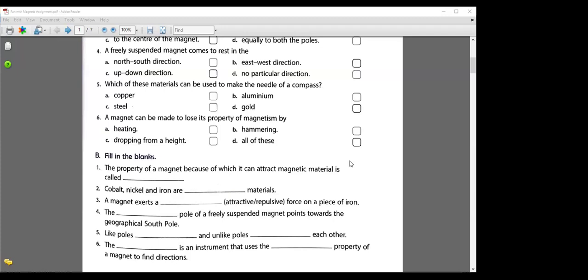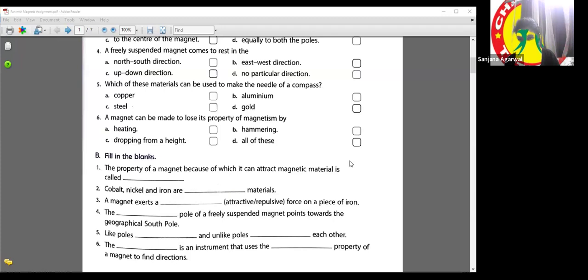I'm doing. Sixth answer. Yeah, right. A magnetic compass uses the magnetic property of a magnet.